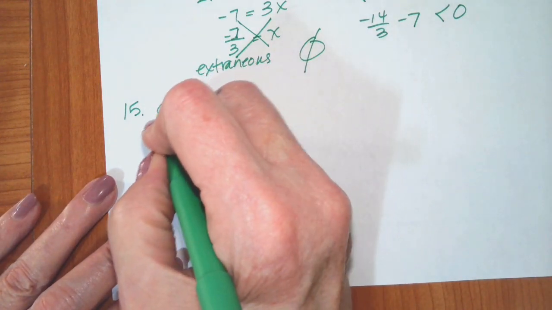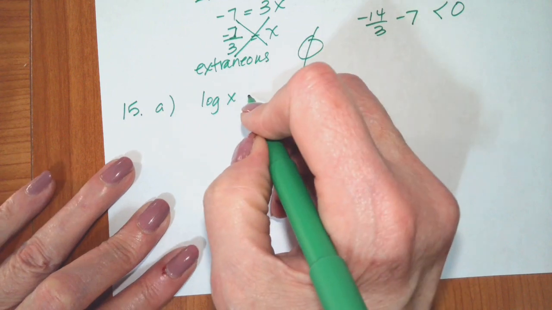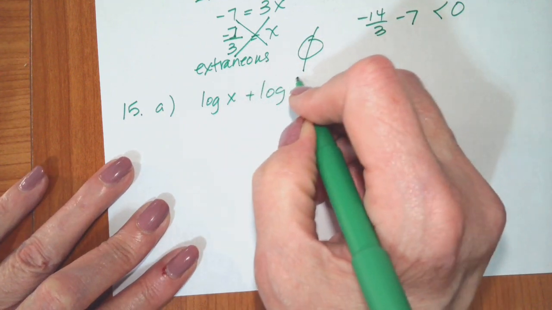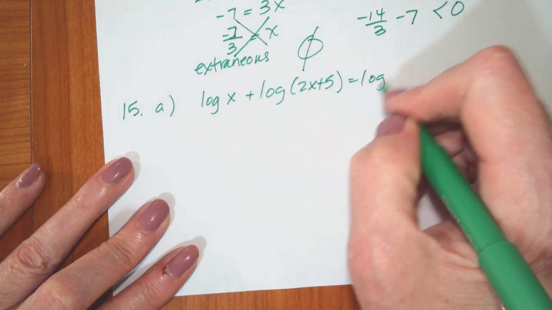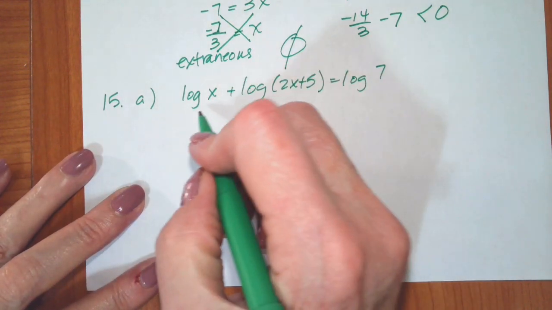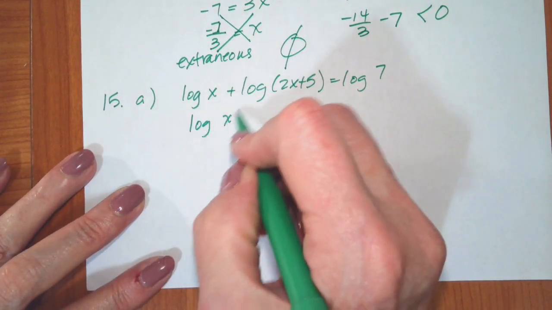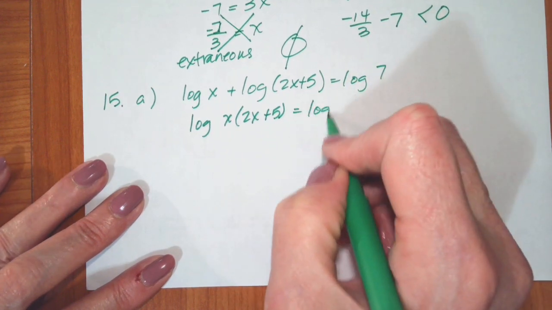Okay, so for a, if I have log of x plus log of 2x plus 5 is equal to the log of 7, I can combine these two and I get the log of x times 2x plus 5 is equal to the log of 7.